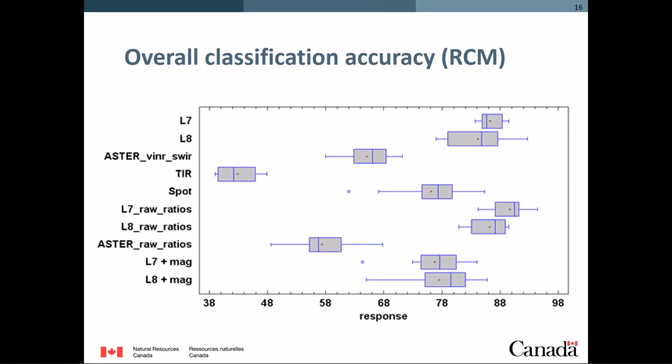Now, we don't have good classification accuracy with ASTER data. You can see it's below 58%, and the TIR, which is thermal infrared, is way down around 38. And that's because of that very low sun angle. The 20.7 degrees is below the threshold of what you really need to do remote sensing in Canada's north.